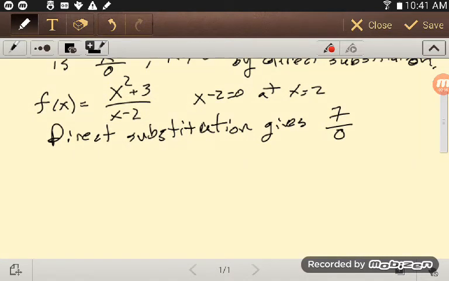So I am very sure that we have a vertical asymptote at 2.